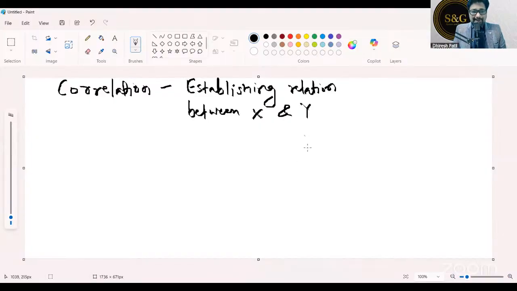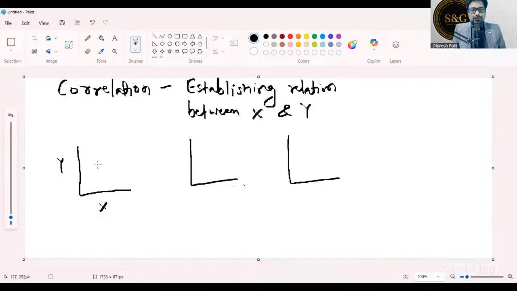Now, generally we have three types of correlation. At the basic level I'm talking about, we will come across three types of relationship. For example, if this is X and this is Y, Y is always on the Y axis, X is always on the X axis.